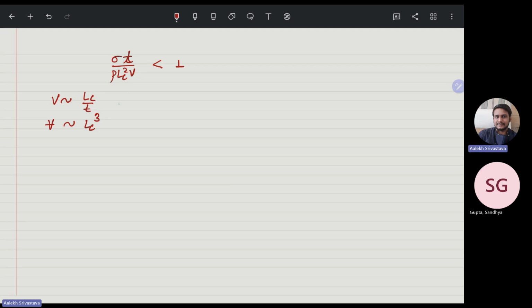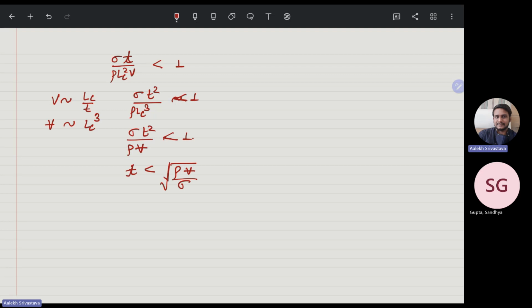We will replace velocity with Lc by T, and so it is sigma T square by rho Lc cube, and this should be less than 1, that is sigma T square by rho into the volume that has been spilled should be less than 1, and it says that T should be less than the square root of rho V by sigma.